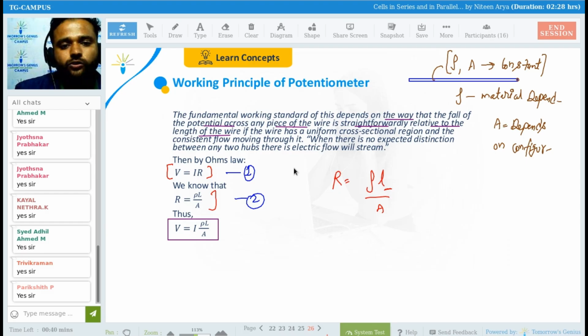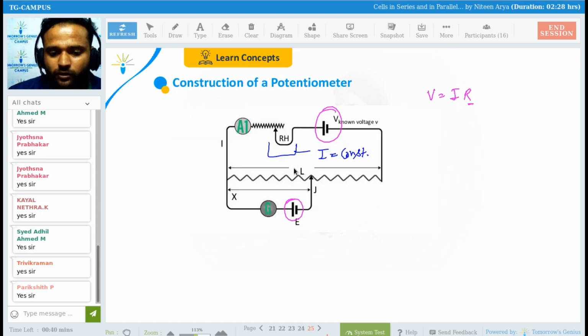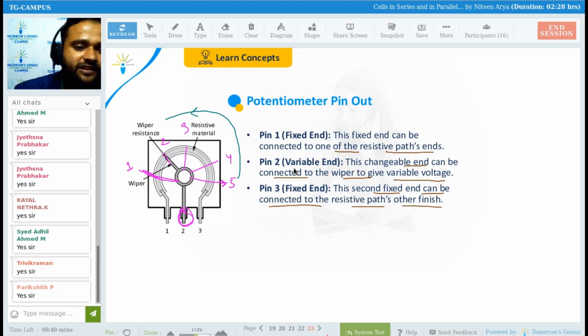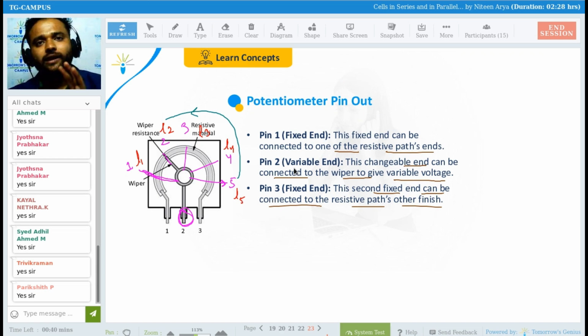Using the working principle of the potentiometer, my main aim is to correlate my potential with this length. Suppose this is length 1, this is length 2, this is length 3, this is length 4, this is length 5. So my main aim is to relate the potential difference of the potentiometer with the length L.